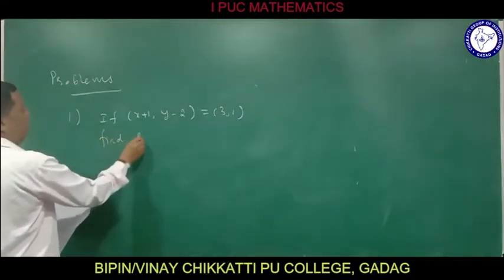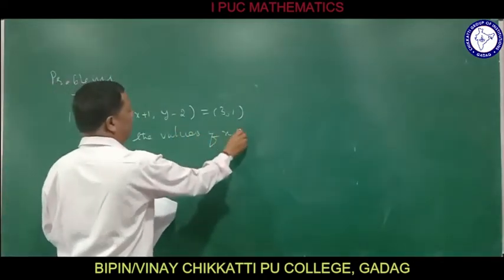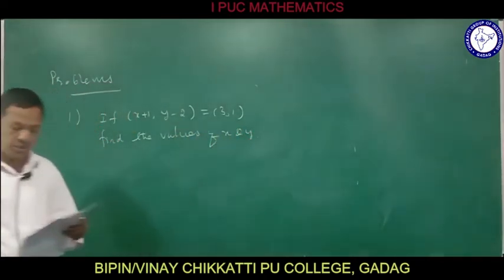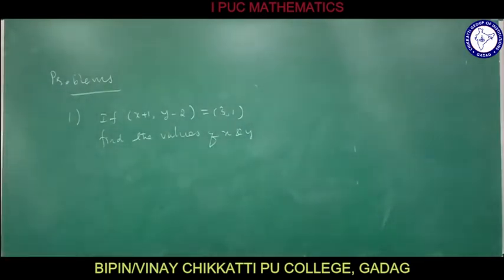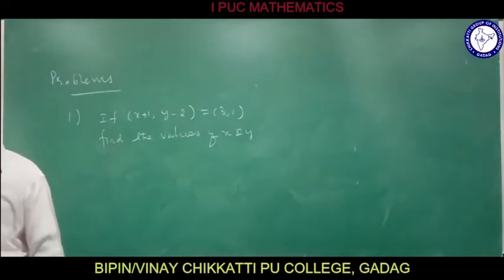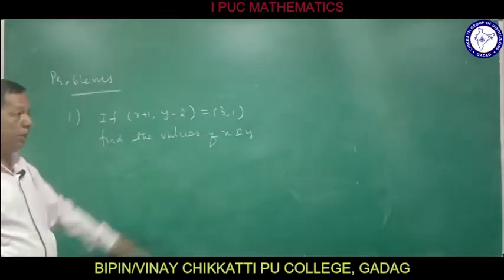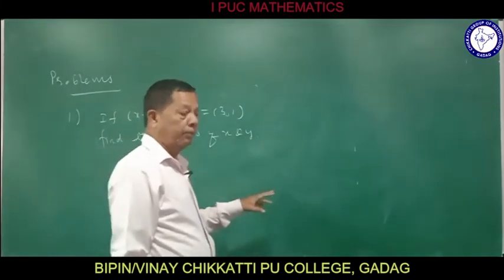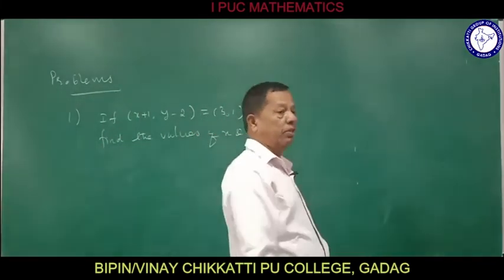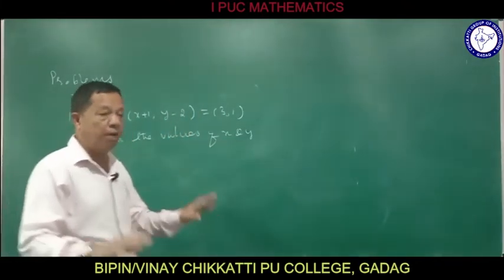Here what we have to understand is that the given two ordered pairs are equal. What is that point I told you in the theory? If two ordered pairs are equal, then their corresponding elements are equal, that is, first elements are equal and second elements are equal.